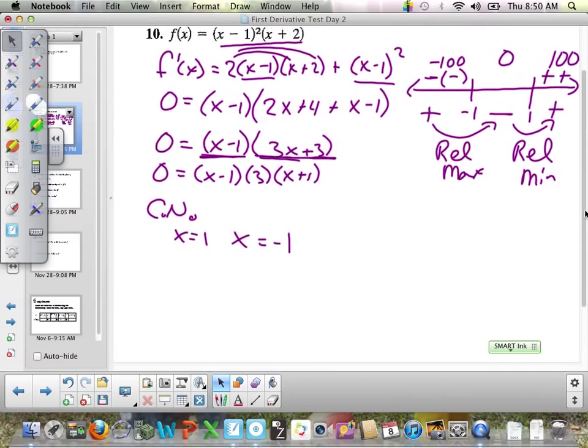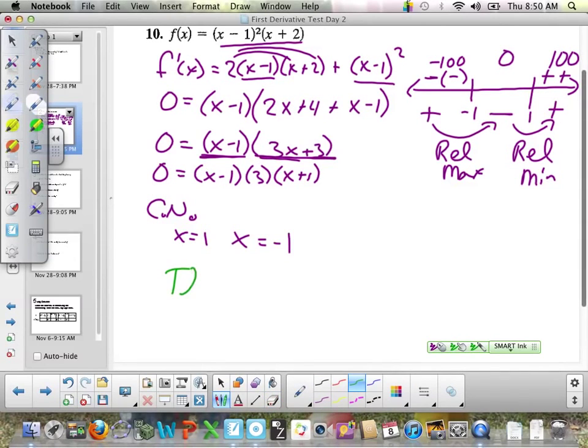So what I'm going to do is say there is a relative max at x equals negative 1.